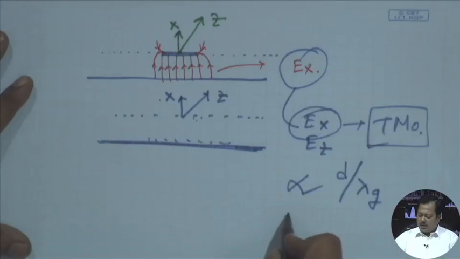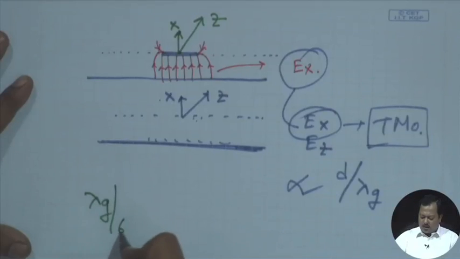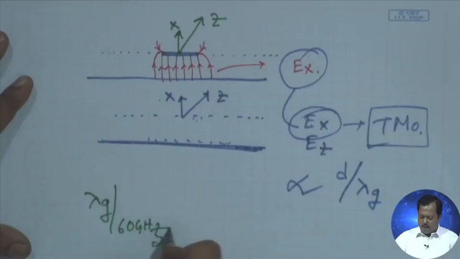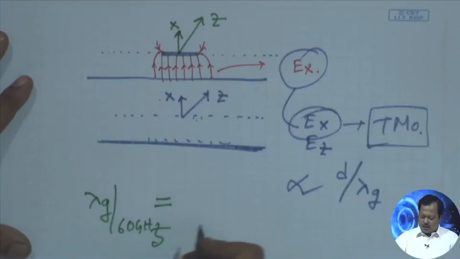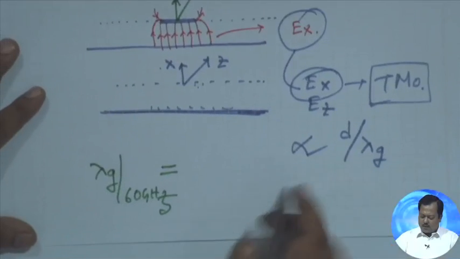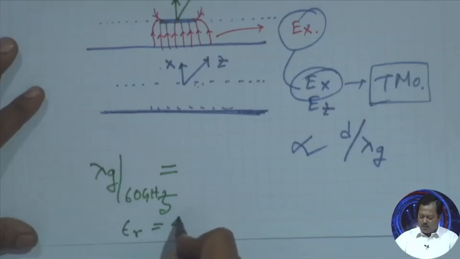Already we have seen that typically at 60 gigahertz, if I calculate lambda g, let us consider a typical substrate with epsilon r equal to 4.